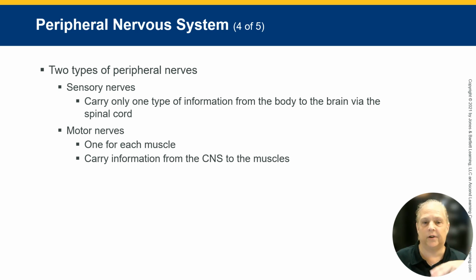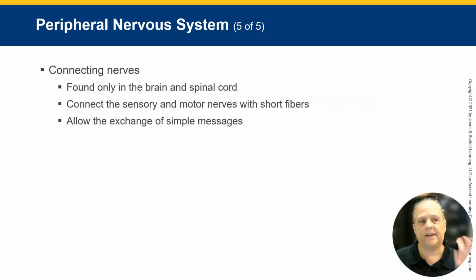We've got our peripheral nerves. I've already talked about them, the sensory nerves and the motor nerves. We have connecting nerves. These are in the brain and the spinal cord. They connect the sensory and motor nerves with short fibers. Basically, think of it as a shortcut.